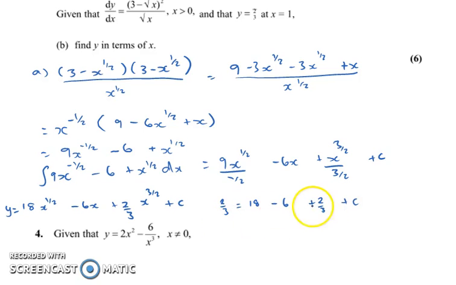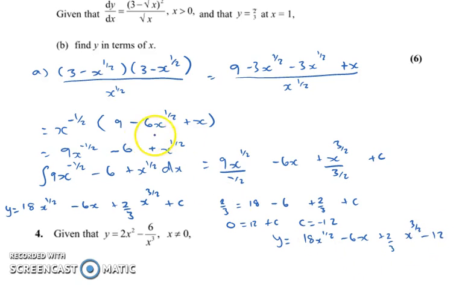We simplify this, get rid of the 2/3, we have 0 equals 12 add c, so c is minus 12, so we can write our final answer as y equals 18x to the half minus 6x add 2/3 x to the 3 over 2 minus 12. There we have y in terms of x.